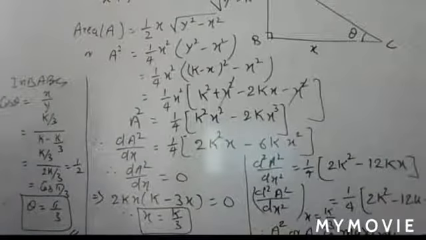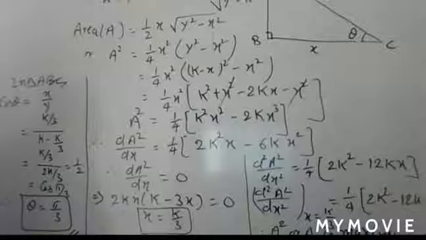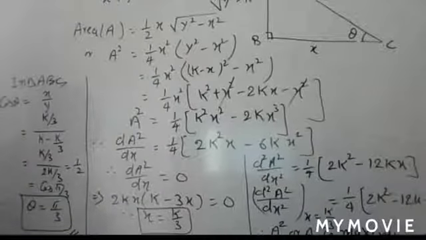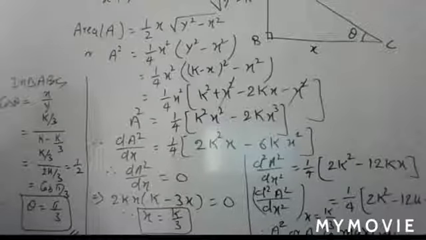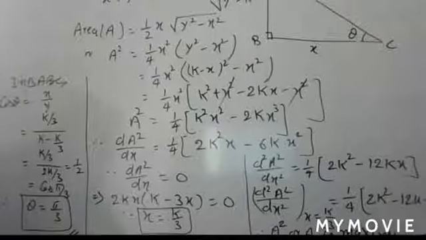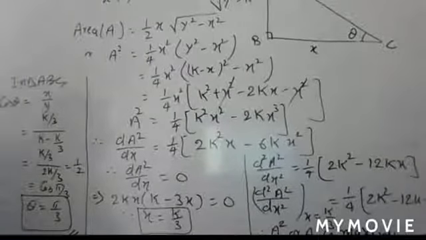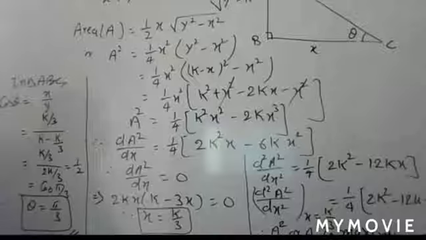Prove that the surface area of a closed cuboid with a square base and given volume is minimum when it is a cube.